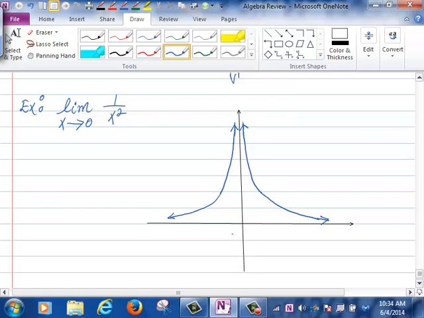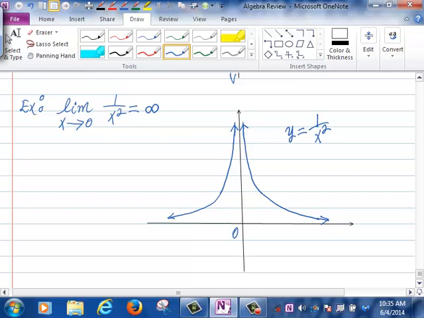That's how the graph of 1 over x squared looks like. So this limit is what? The two-sided limit is infinity, right? Everybody is okay with that? You guys are okay? All right.